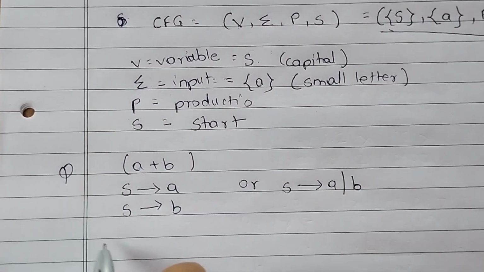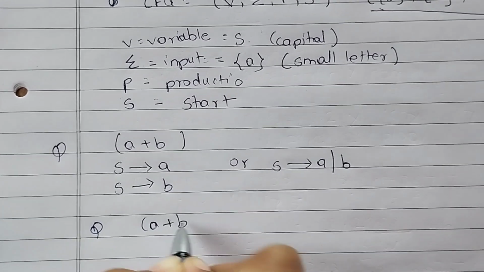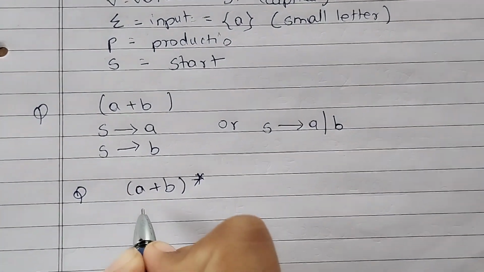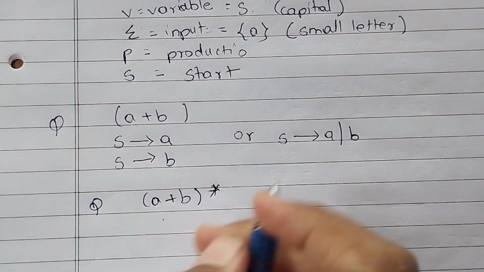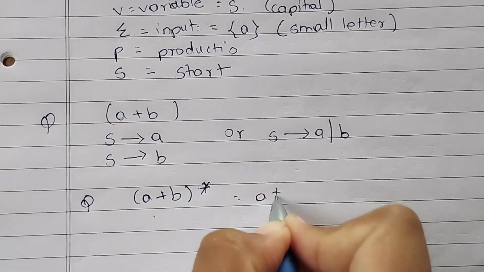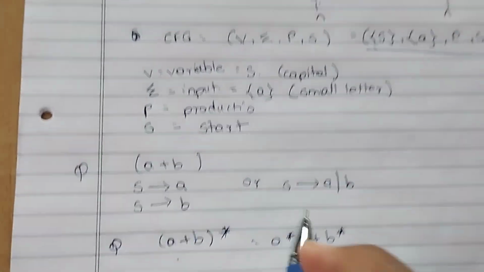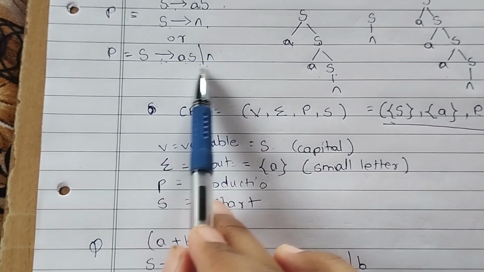But now the second question is, if we want A plus B star, then as it is, this is nothing but we write here A star or B star, and we see how we write A star in this way. AS means repeatedly S is called.